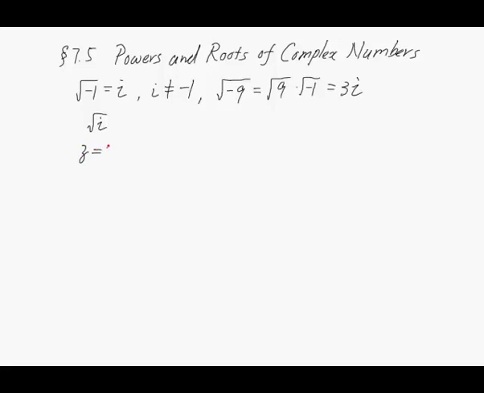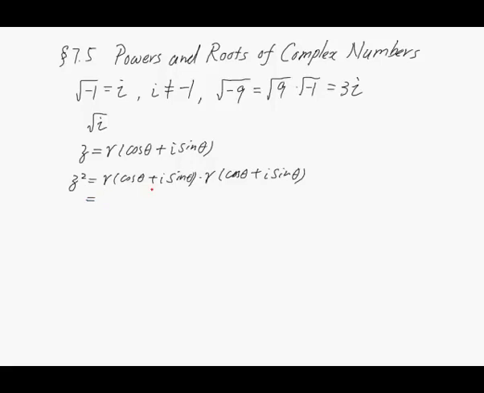So z is equal to r times (cosine theta plus i times sine theta). Now let's see what is the square of this z. The square of z is equal to r times (cosine theta plus i times sine theta), times r times (cosine theta plus i times sine theta).